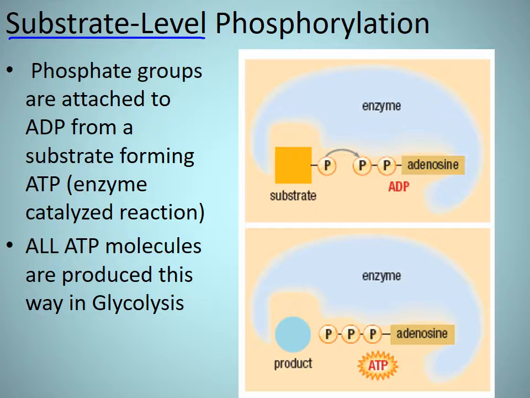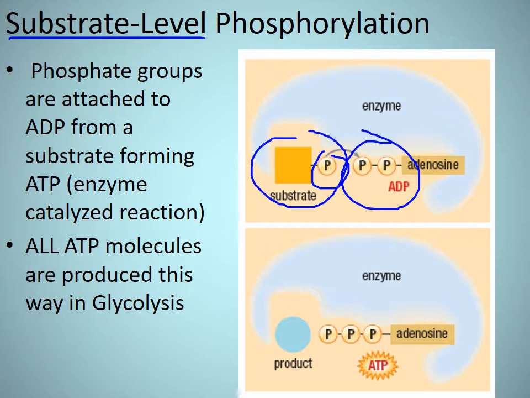Essentially, an enzyme grabs ADP, grabs one of the substrates, or essentially one of the reactants, as a result of glycolysis, and it will take the phosphate group from that reactant and add it to ADP, forming ATP and your product. And again, you'll see that as you go back and review the picture of all the enzymes and the reactants in glycolysis.